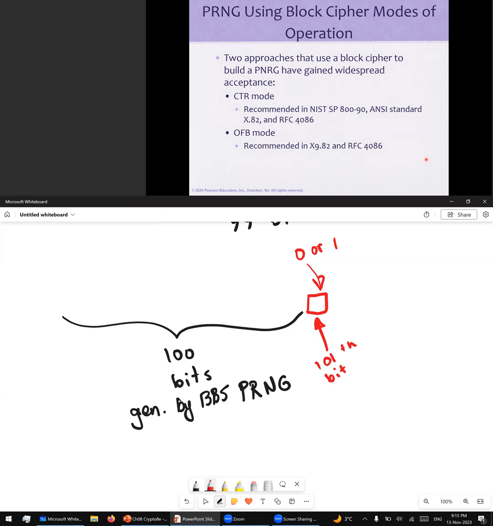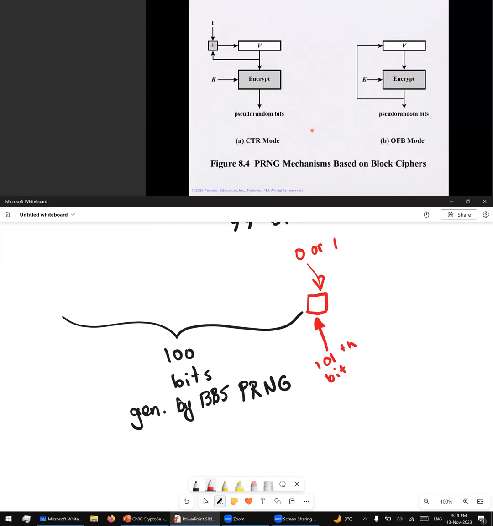And here we have two of them because these are now recommended in certain standards. We have the CTR mode and we have the OFB mode. So this is the counter mode, and this is the output feedback mode, if you recall what they are. And in fact, we actually do have them here as well.